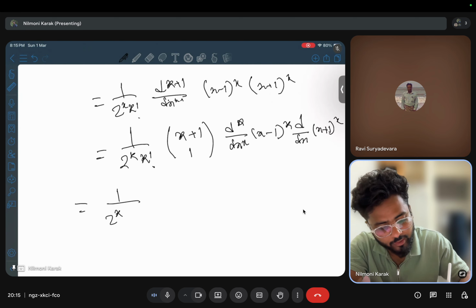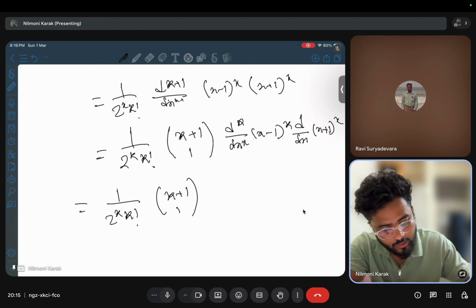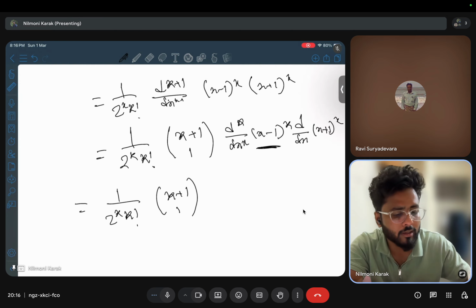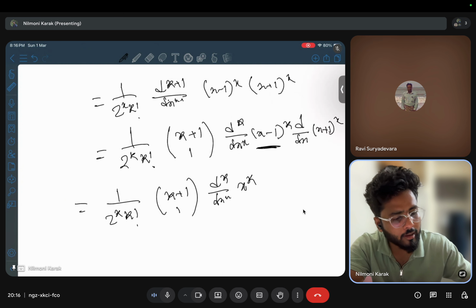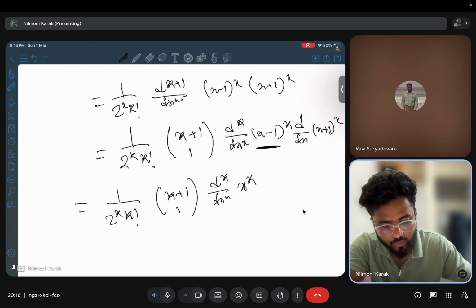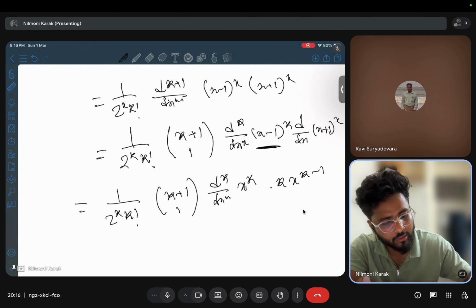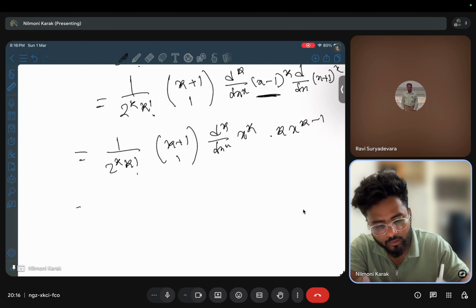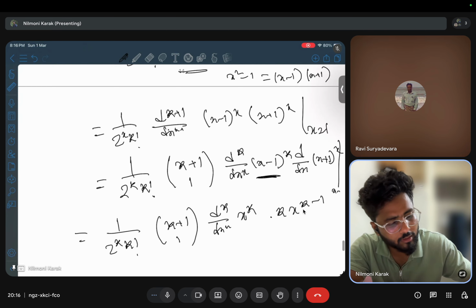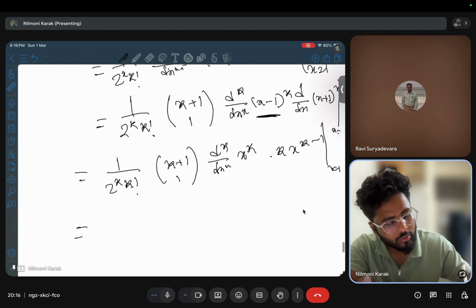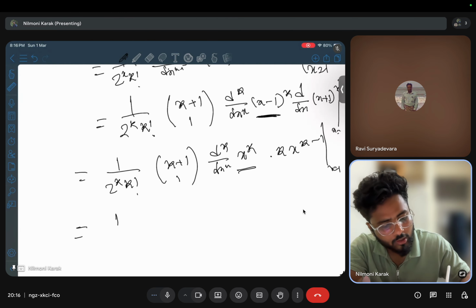And this is 1 by 2^k k factorial, k plus 1 choose 1, and this is the same as d^k/dx^k of x^k, which is k factorial, and d/dx of (x plus 1)^k is k times (x plus 1)^(k minus 1).